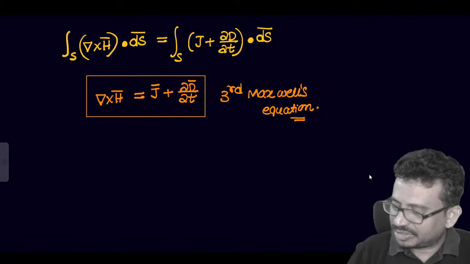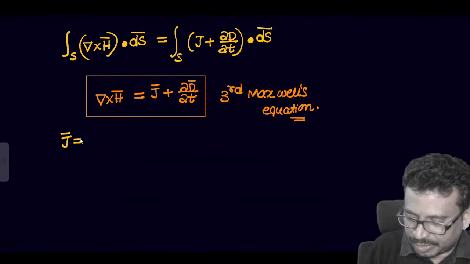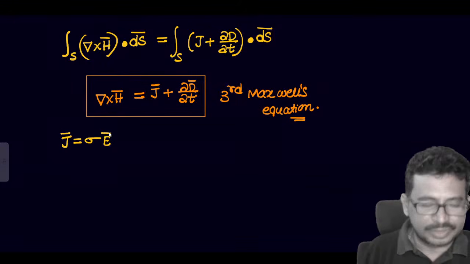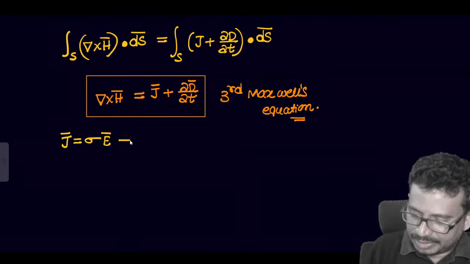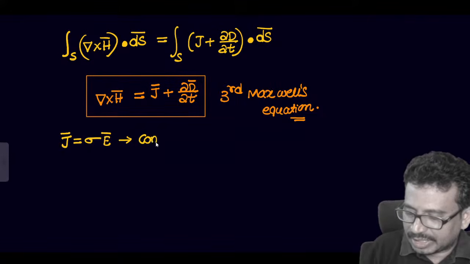Here J is given by J equal to sigma E, Ohm's law, which you will study in networks. This J is called the conduction current density.